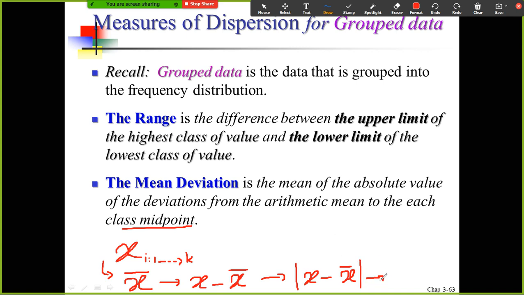After that, because we're talking about group data set, we take what we have just found, multiplied by class frequency. Next, add all of them together.